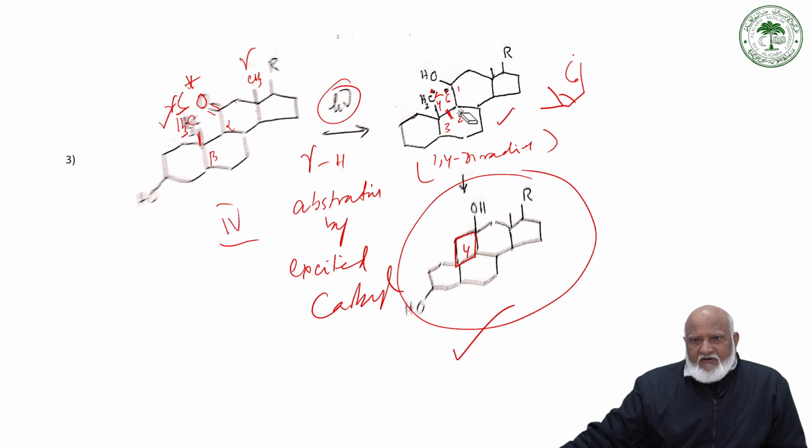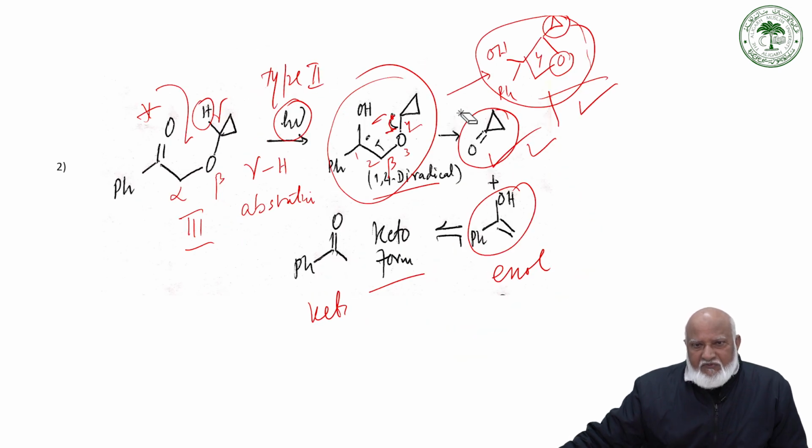Now, these are a few examples of type 2 reaction where the carbonyl abstracts a gamma hydrogen to give the 1,4 diradical, which combines to give a cyclobutanol as one of the products, and the enol, which tautomerizes to the ketone. But in some cases, when the 1,4 diradical is adjacent to an oxygen, it opens up, and the cyclobutanol is not preferred.